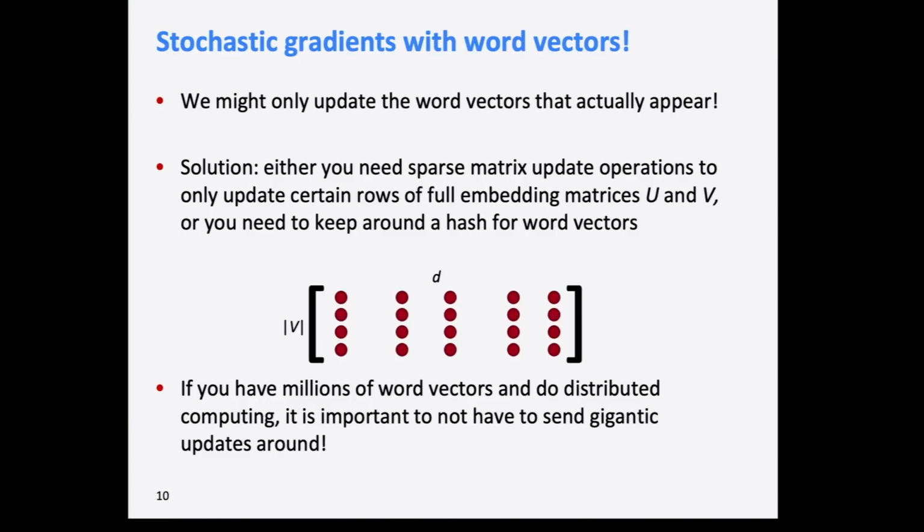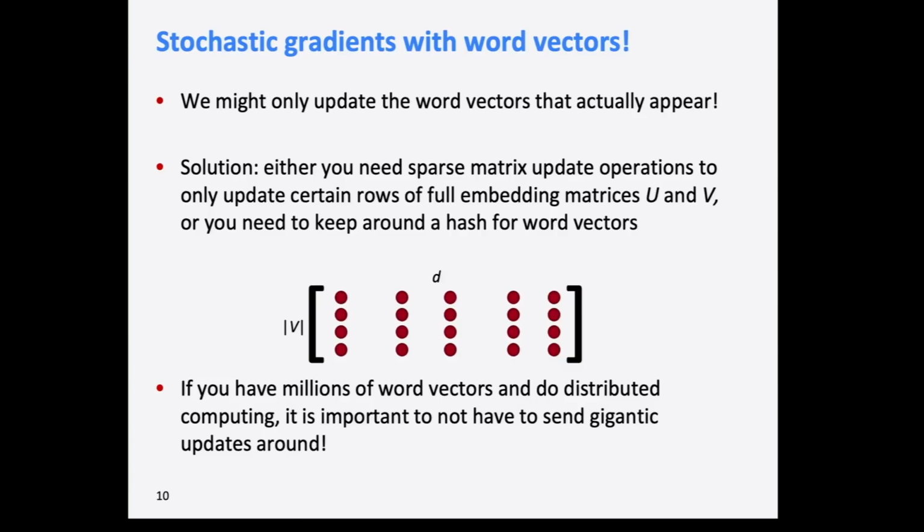Then the question is, can you have a sparse matrix update which only updates the certain rows of the matrix that contain the words that you've entered, and do things much faster? And if you're doing something even cleverer, like doing distributed computation over multiple computers and sharing your parameters, then definitely you only want to update the word vectors that you've actually been getting a parameter estimate for.